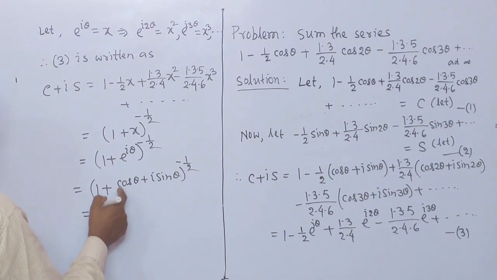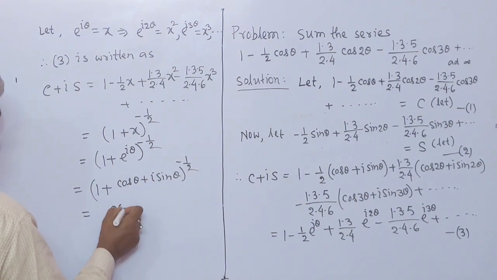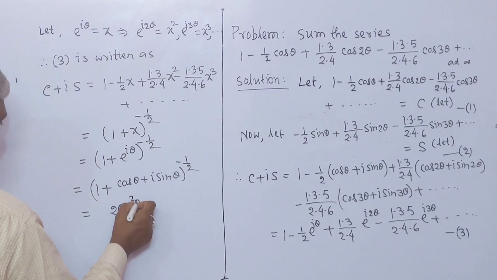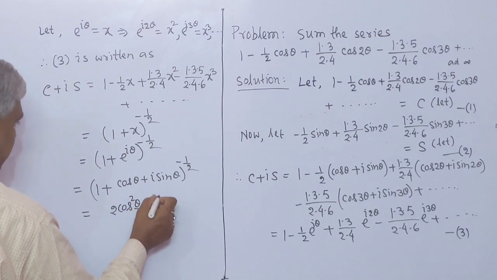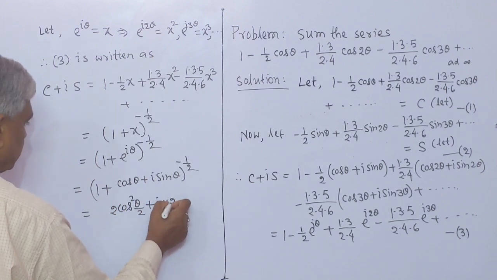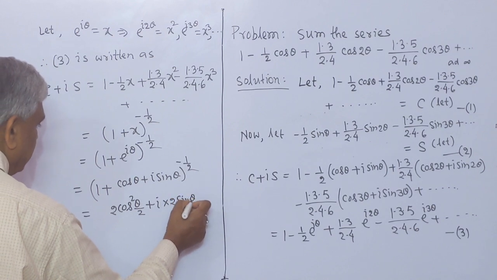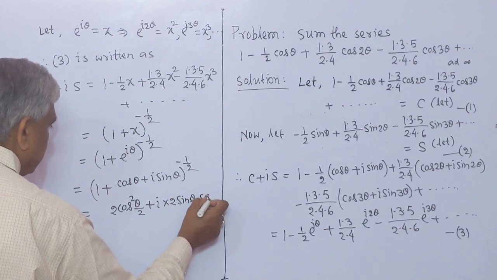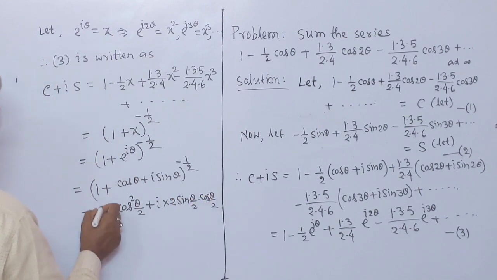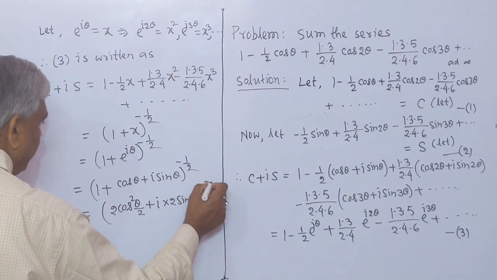This is equal to (1 plus cos theta, which is 2 cos square theta by 2, plus i sin theta, meaning 2 sin theta by 2 multiply cos theta by 2) to the power minus half.